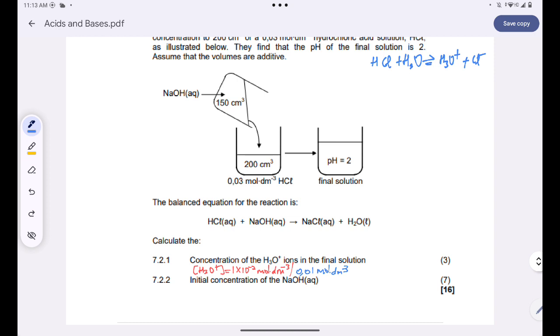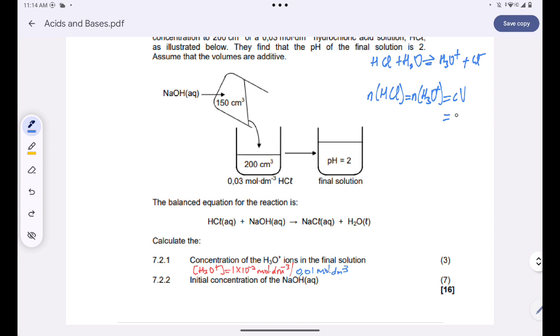So since the ratio here is 1:1, guys, it simply means that the number of moles of the hydrochloric acid in excess is equal to the number of moles of the hydronium ions, which is simply concentration multiplied by volume. Are you together?